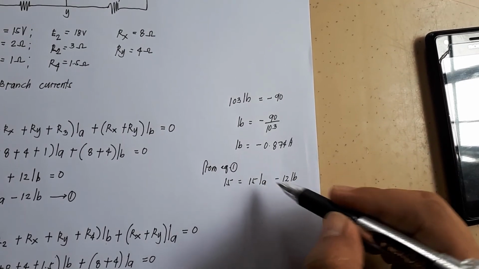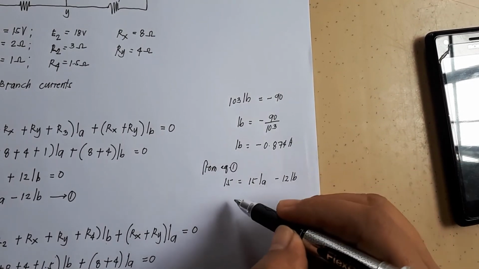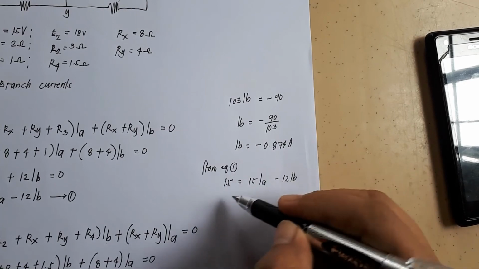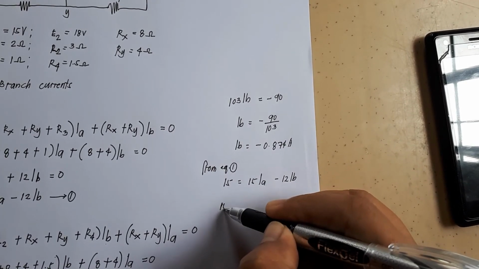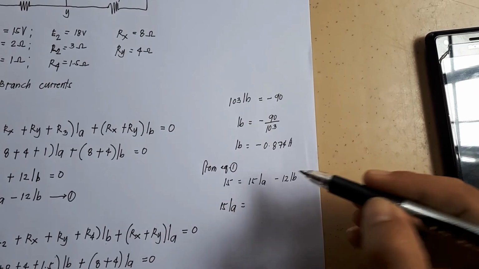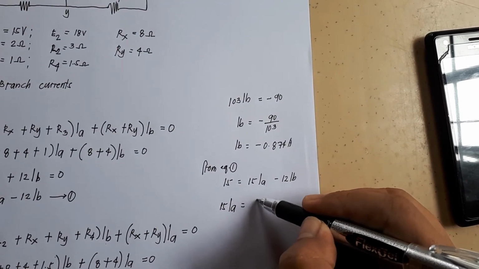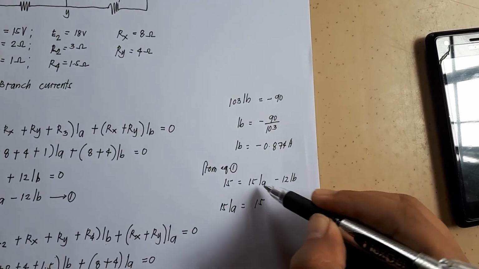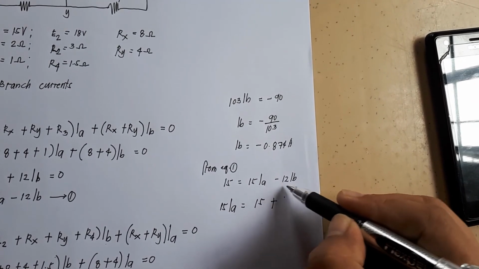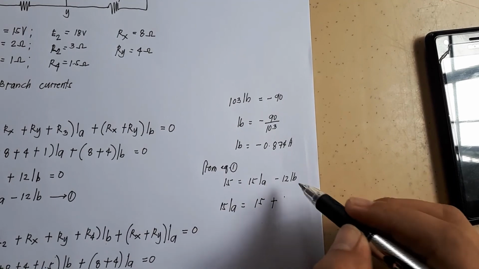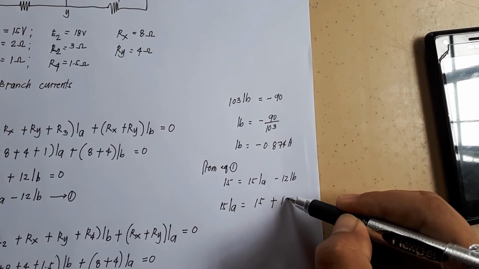Transpose, and we come up with 15 IA equal to 15 plus 12 IB.